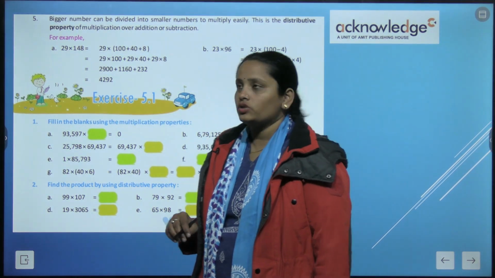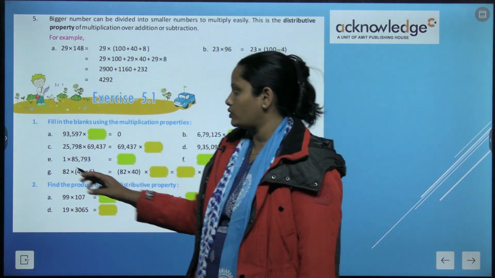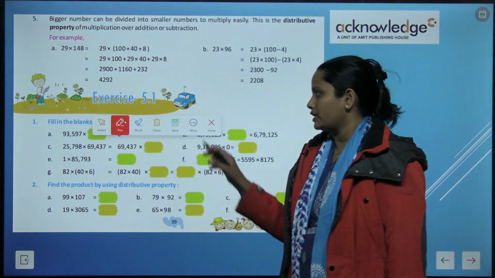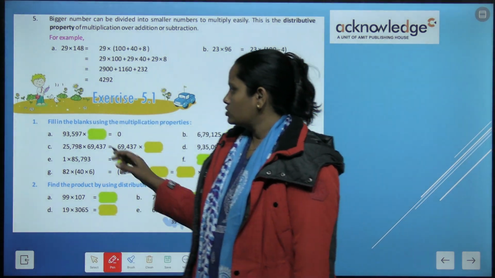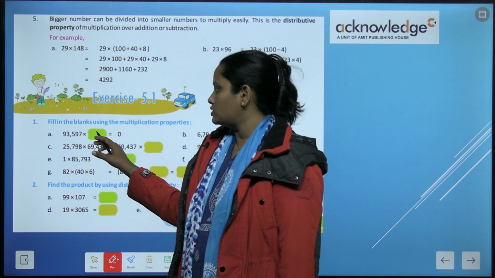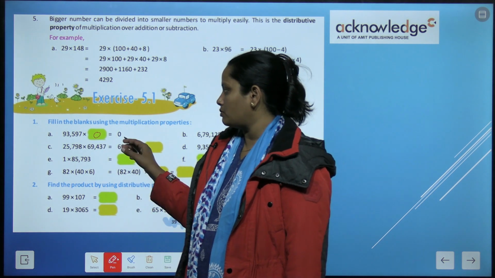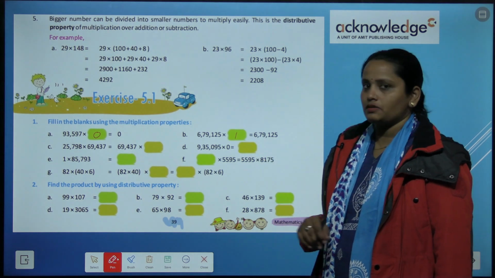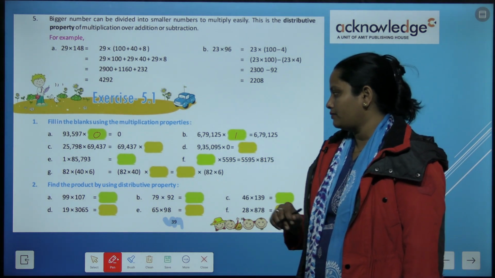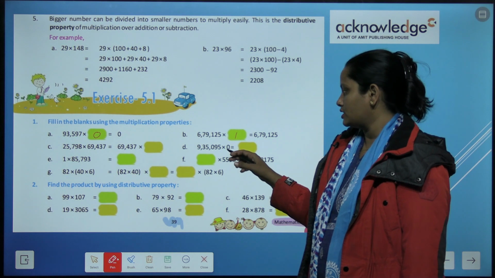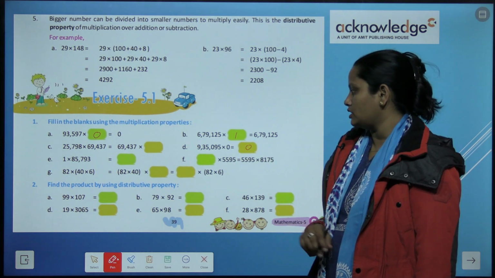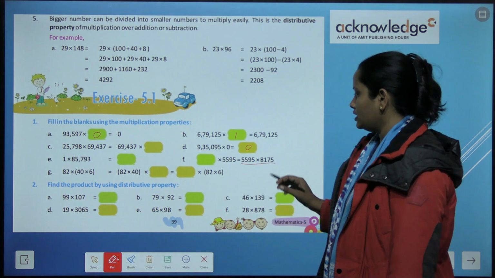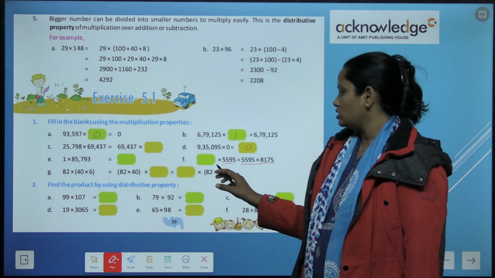So let's do this exercise 5.1. Fill in the blanks using the multiplication properties. We have to use the multiplication properties. So if we multiply any number by 0, we get 0 as the answer. If we multiply any number by 1, we get the same number as the answer. Similarly, a number multiplied by 0, we get 0. Now here the property says that these two are equal to this.